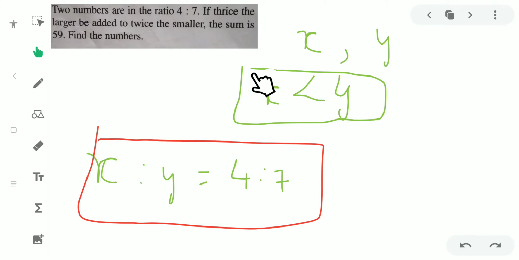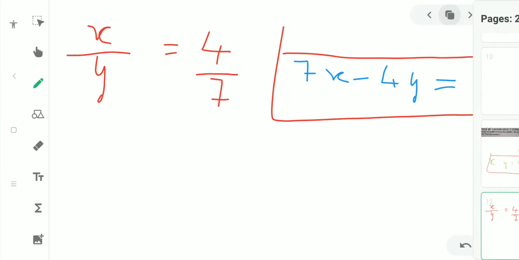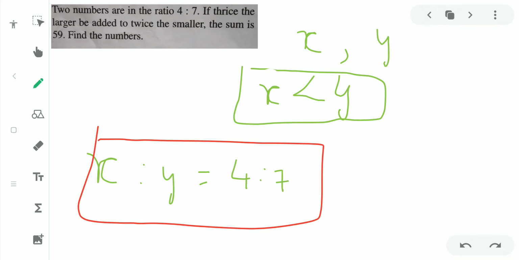Smaller is nothing but x, so twice the smaller is nothing but 2x. The sum is 59.